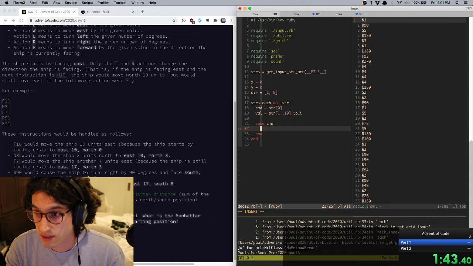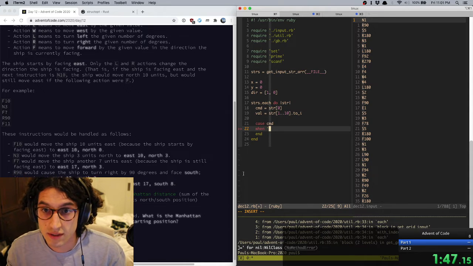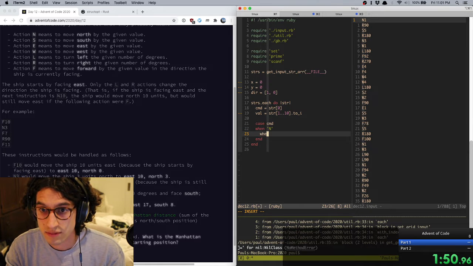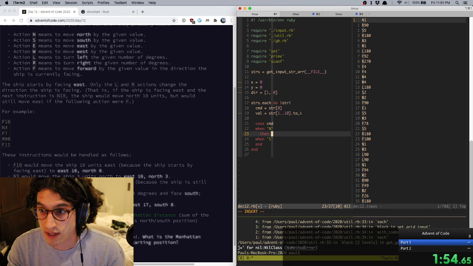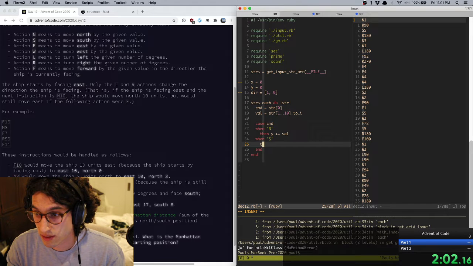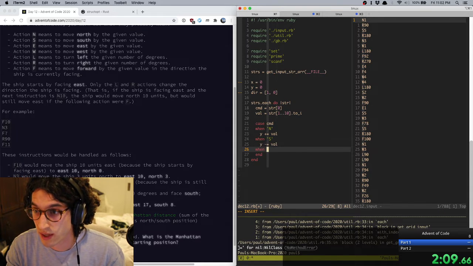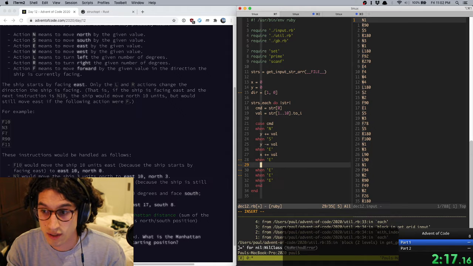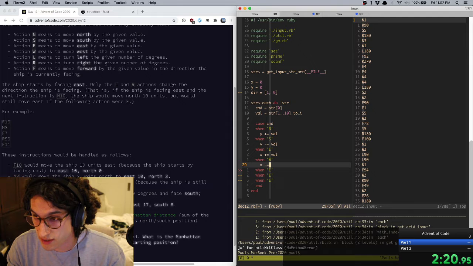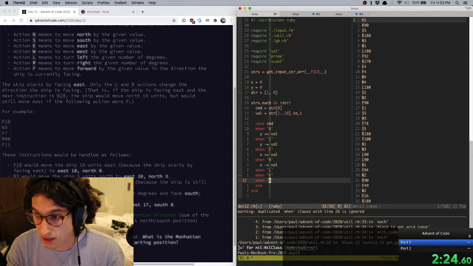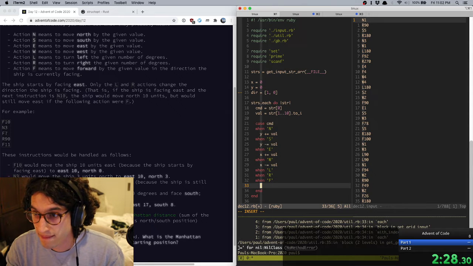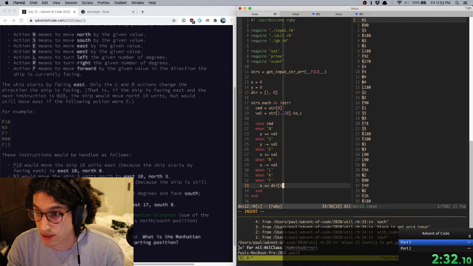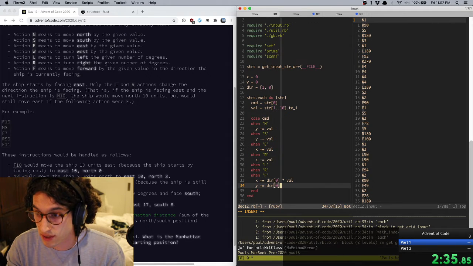Case command: when N, y plus equal val; when S, y minus equal val; when E, x plus equal val; when W, x minus equal val; then L, R, F. For F, x plus equals dir x times val, y plus equals dir y times val.